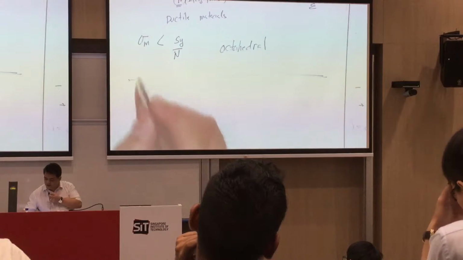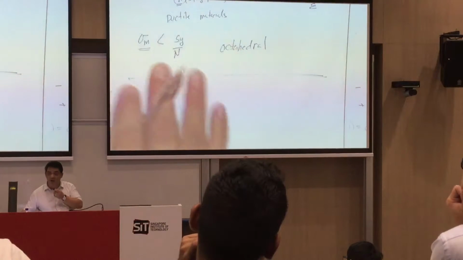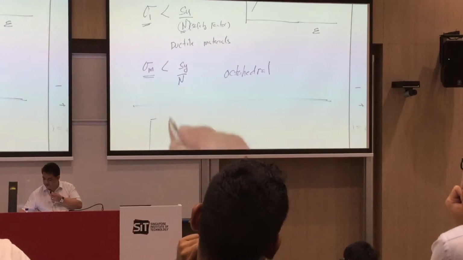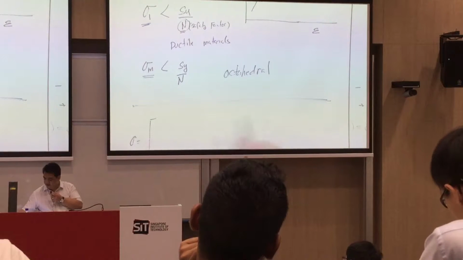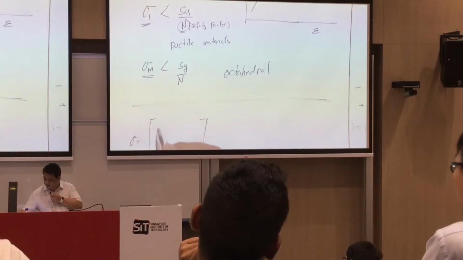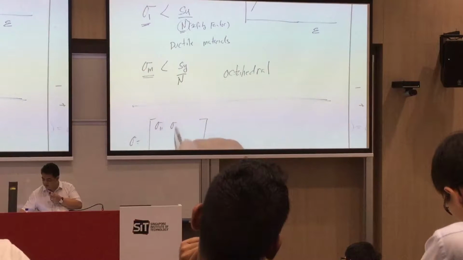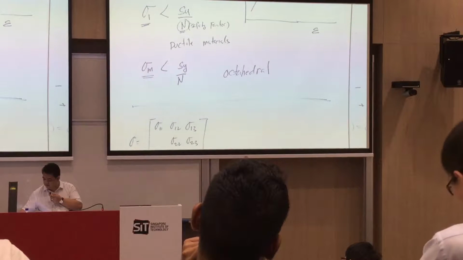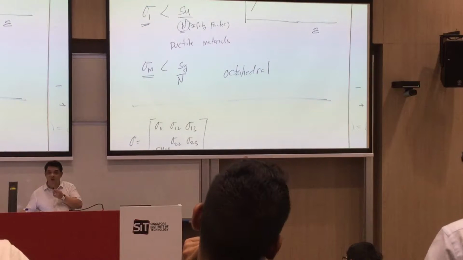For the next one, so you know how to get this one, right? So again, we have now your state of stress, sigma. So you will be able to have your sigma 1,1, sigma 1,2, sigma 1,3, and we know that this one now is symmetric.